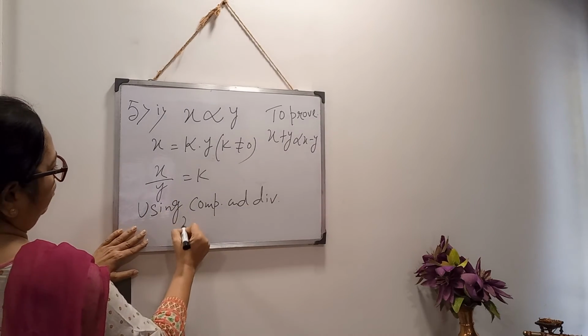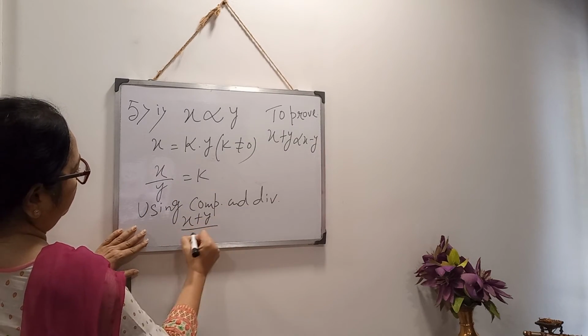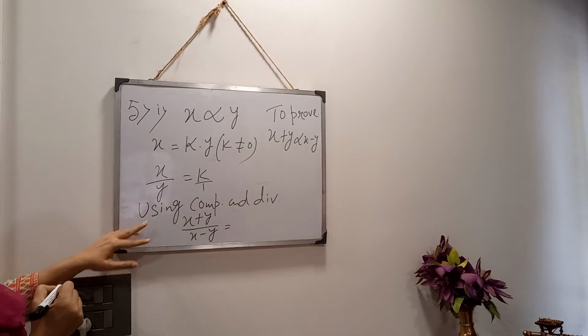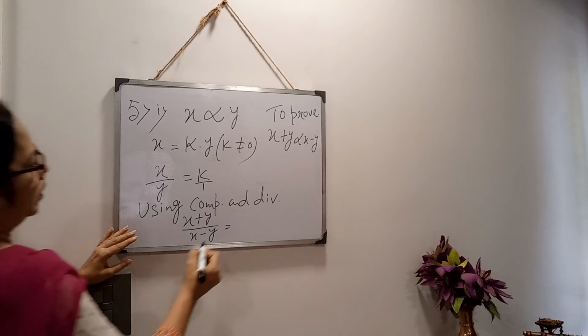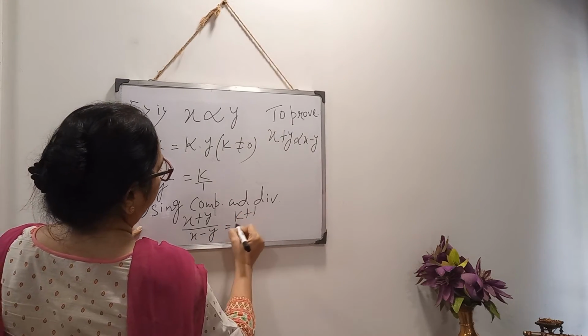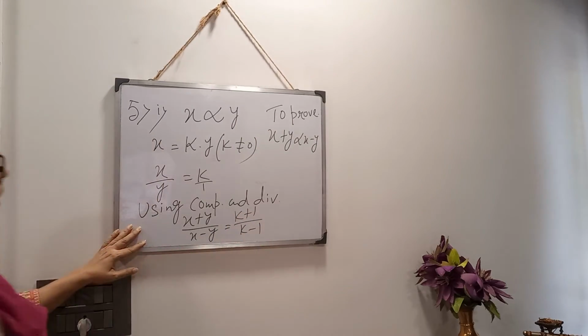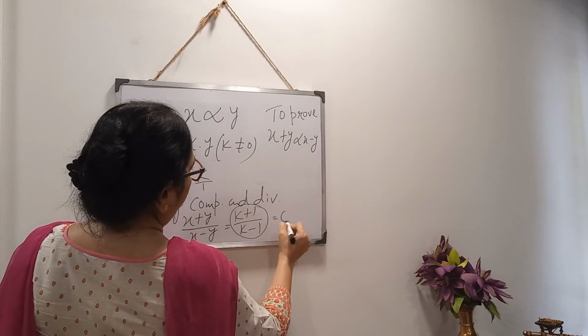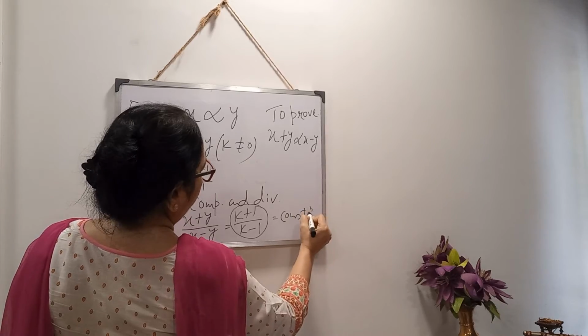Now componendo and dividendo, you know, x plus y by x minus y. Here in the denominator there is 1. So we can write k plus 1 by k minus 1. Now you see, the right hand side is totally constant, k plus 1 by k minus 1 is a constant.